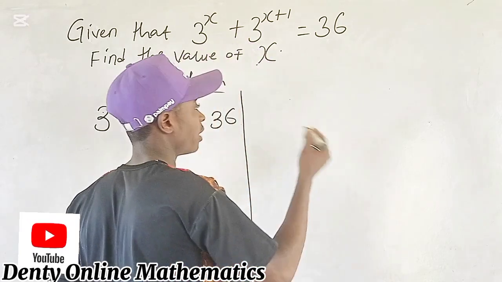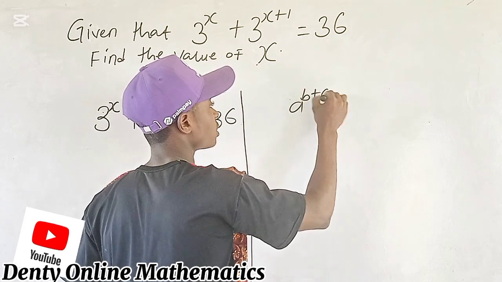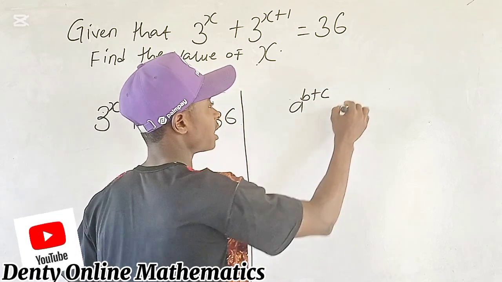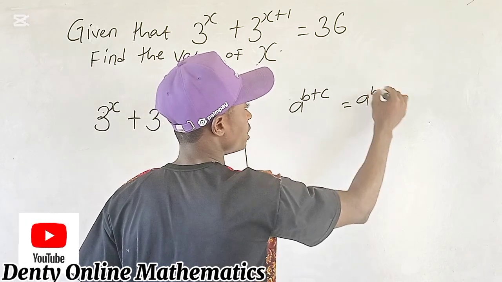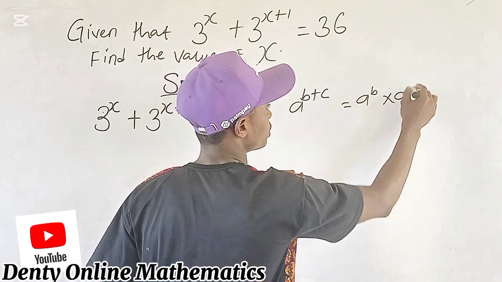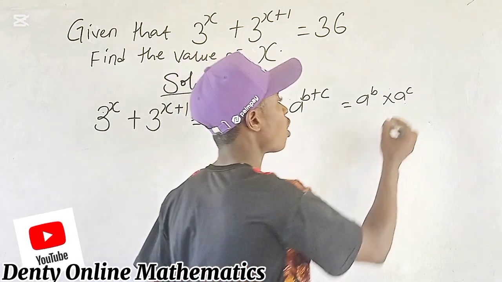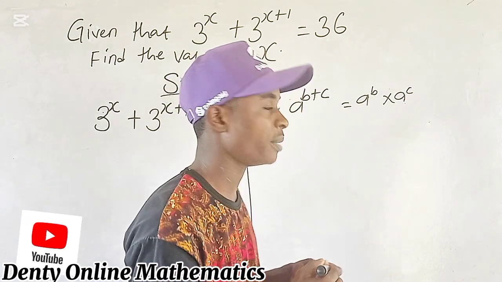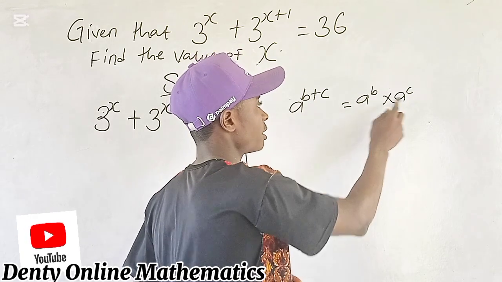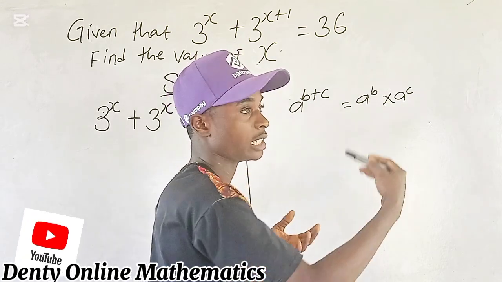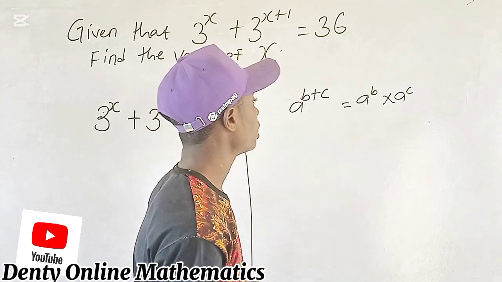Now if we have, for example, a raised to the power of b plus c, this is the same thing as writing a raised to the power of b multiplied by a raised to the power of c. What this means is if you have a common base, just as we have a here as the base, b is the exponent, the index, or the power. c here is the exponent or the index also.